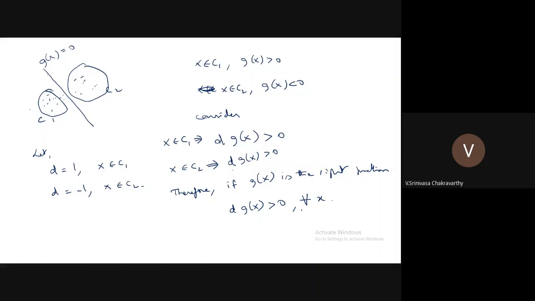You know this notation, right? This is for all. So we need to find a G such that D, when defined like this, times G of X is greater than 0 for all X. For that, we derive what is called a learning rule, for updating all the weights in such a way that for all the data points X, D times G of X will be positive.